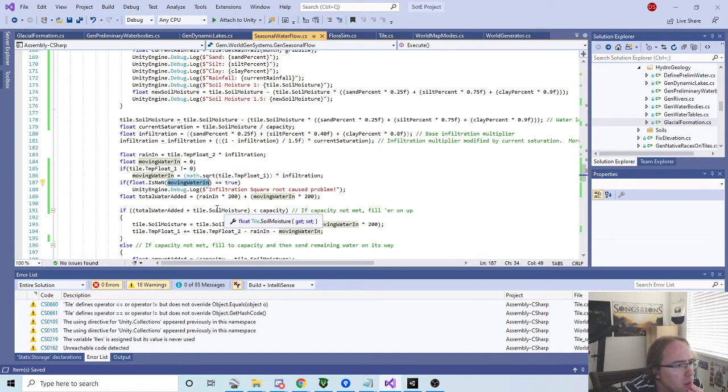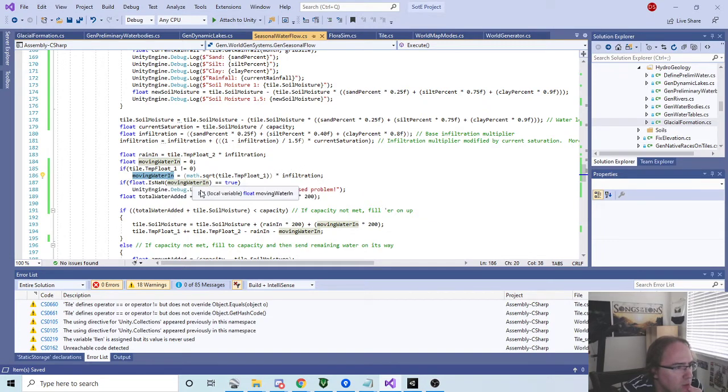Alright, so I went ahead, moving water, 0. Moving water is calculated from temp float. So I'm going to check to see if temp float is 0 or not. If it is not 0, then we go ahead and calculate moving water, or moving water in.